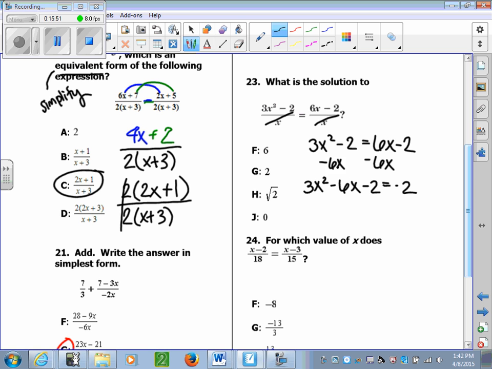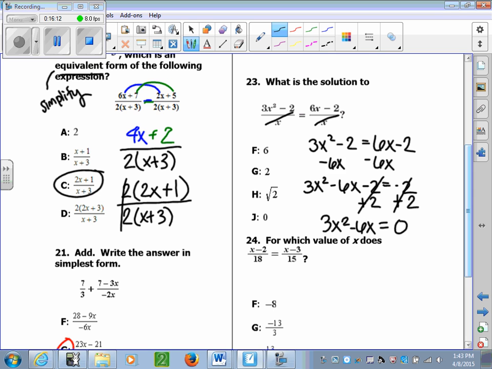And I see I have a quadratic, so I know I might have to do the quadratic formula or factoring to solve it. So I'm going to go ahead and move everything to one side of the equation. My 2's cancel on the right, and they actually cancel on the left as well. So on the right, it leaves me with 0, and 3x squared minus 6x.